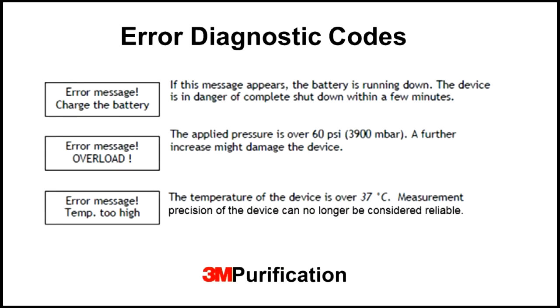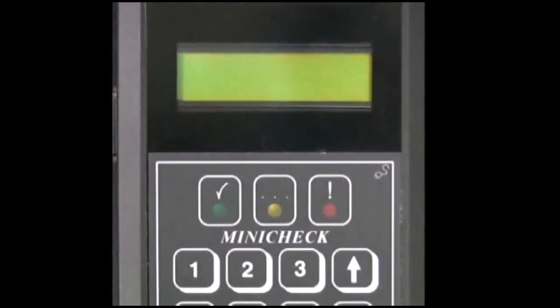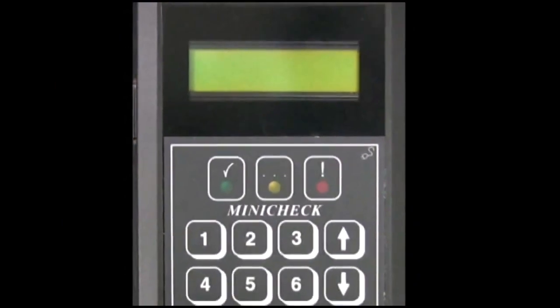Following are typical error diagnostic codes that may display on the device and an explanation of each. This message is an indication that the battery life is low. In the event this message appears, the device should immediately be connected to the AC power and/or charged. In the event the device does not activate when connected to AC power or fully charged, the battery supplied with the device may be exhausted.